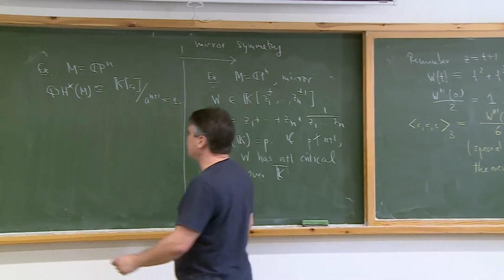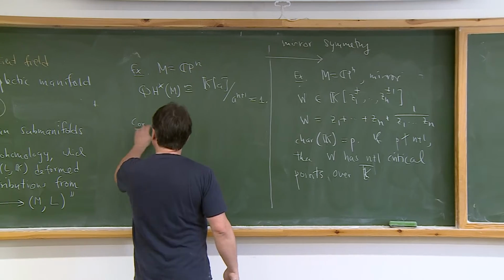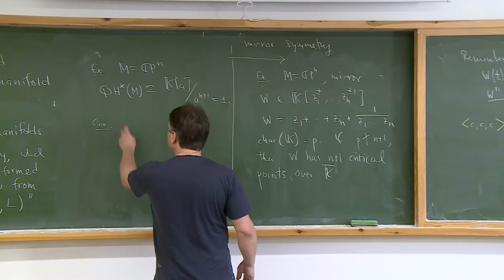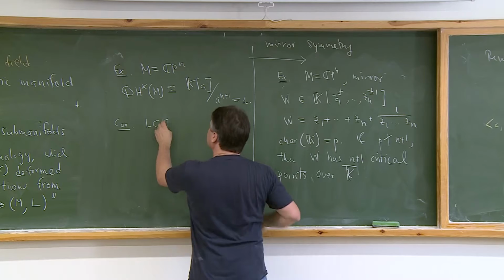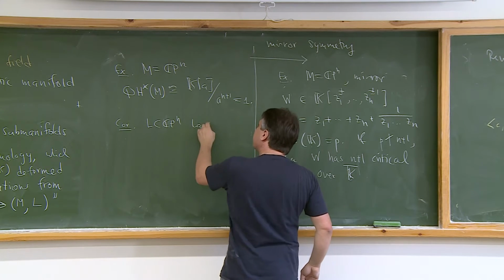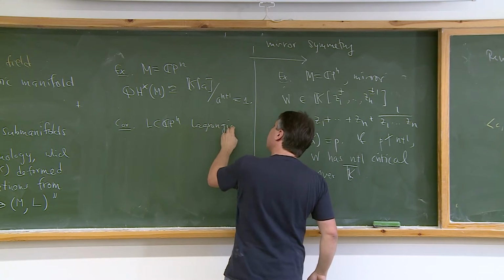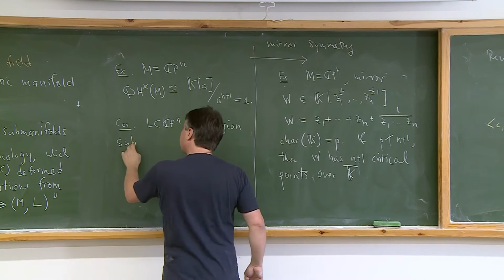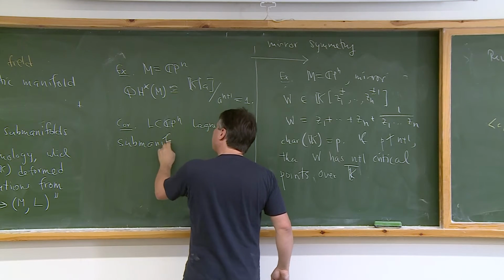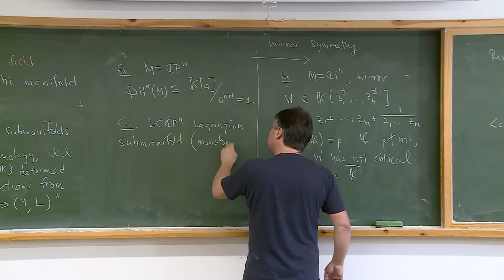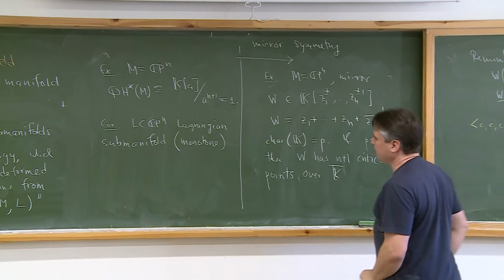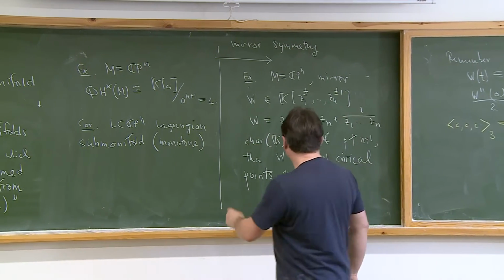So the consequence of this is the following: if you have L in CP^n, there's a condition here which I've been using all the time, which is monotonicity of Lagrangian submanifolds. I'm not going to explain what this is.